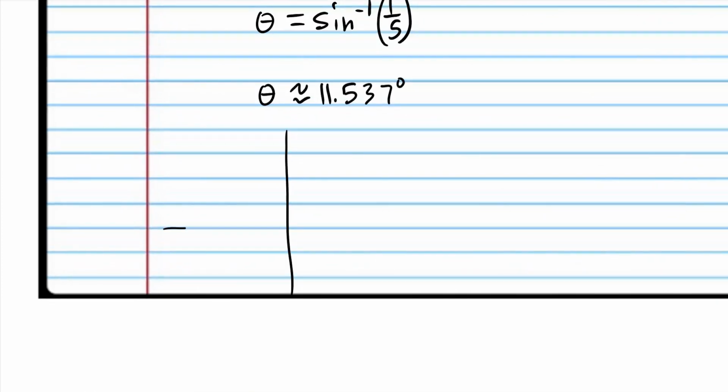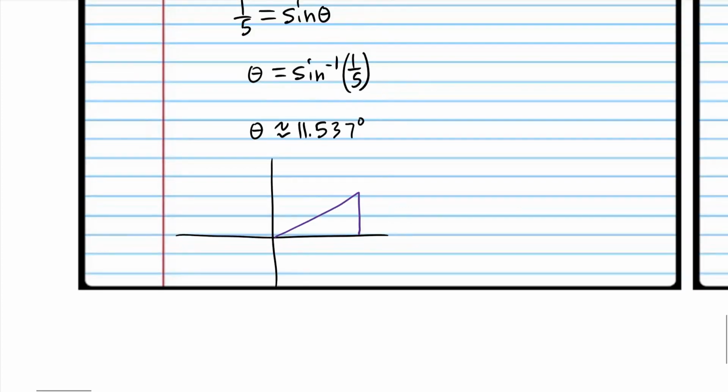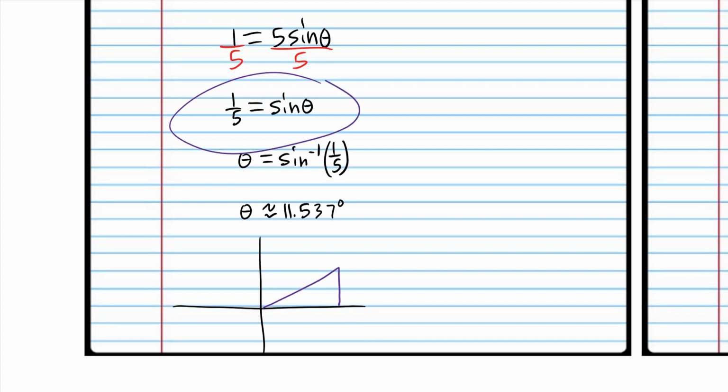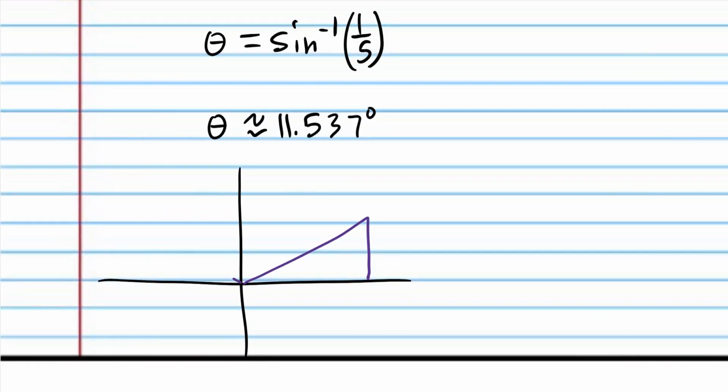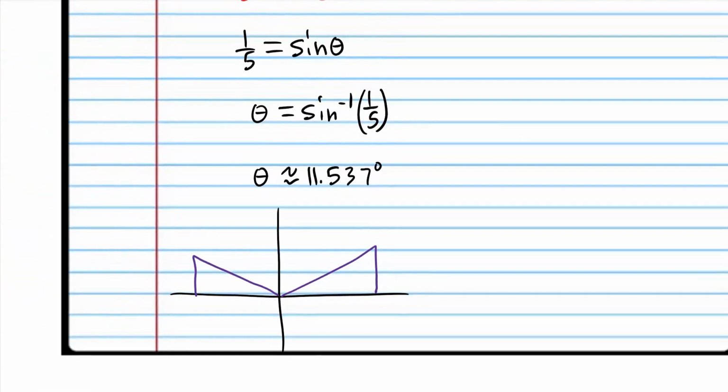So let's draw our triangle. We have a triangle in the first quadrant, but when sine is positive, you're going to have a triangle in the second quadrant also. And the reference angle is 11.537 degrees. So that's going to be the reference angle in both triangles.